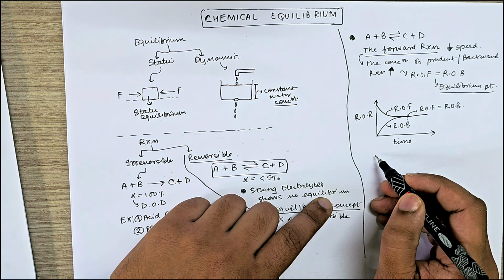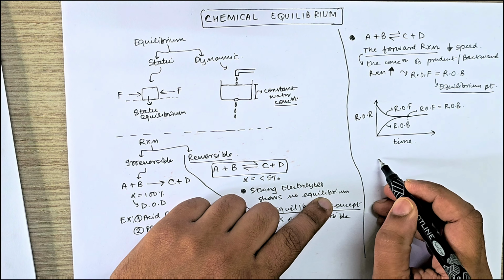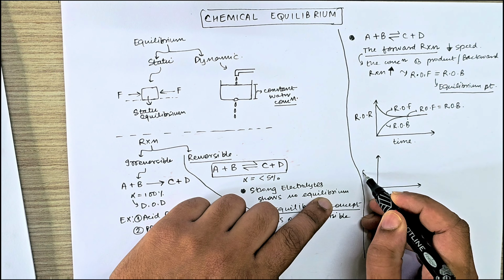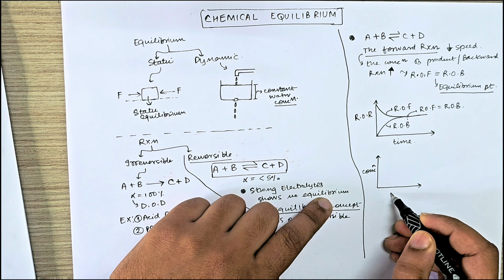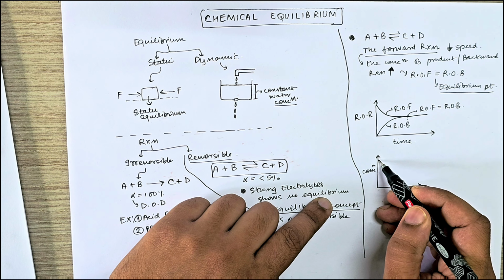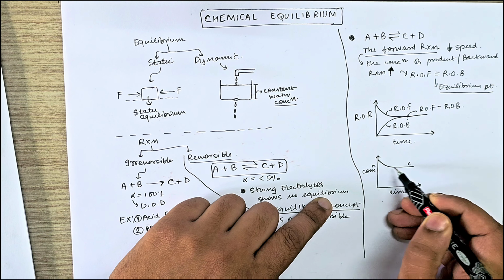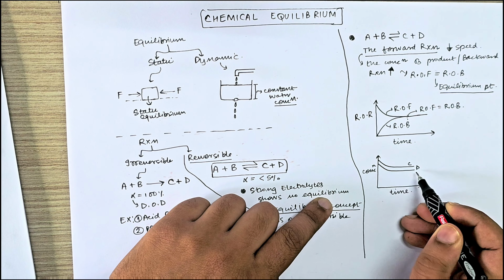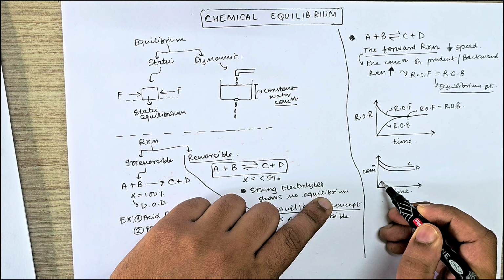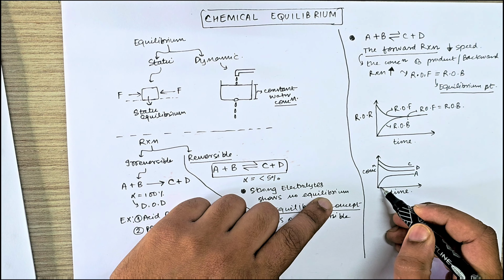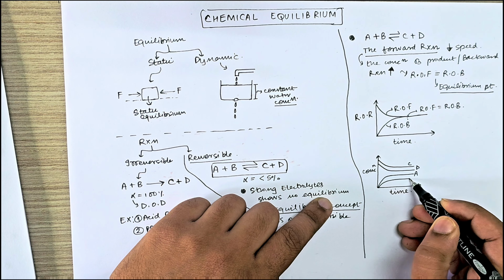Now what happens to the concentration of reactant and product? So I'm drawing a graph here, and this is between the concentration and the time. Suppose this is the product C, and this is the product D. It decreases and becomes constant, right? And I'm drawing just A, not drawing B. It will also be the same.